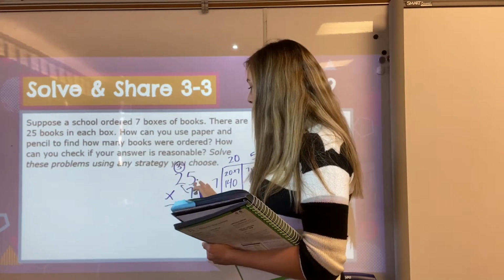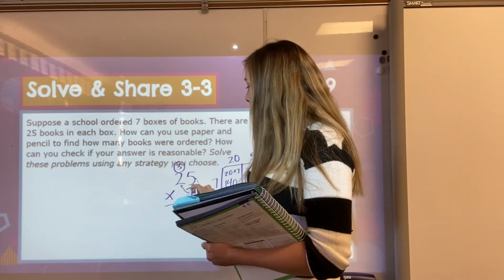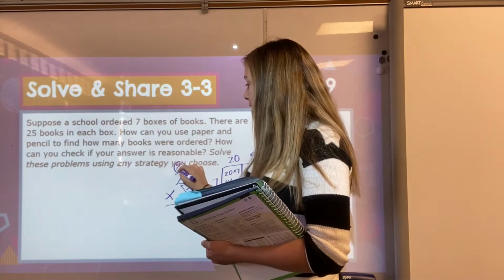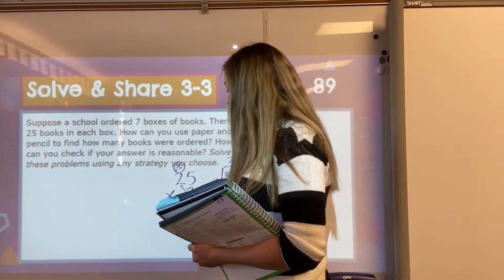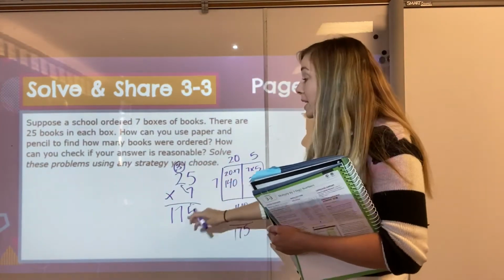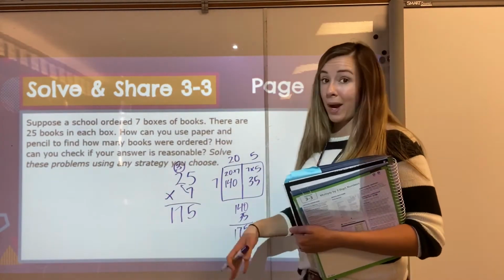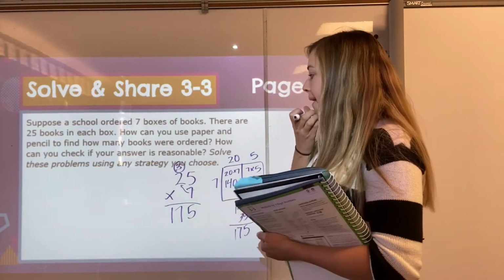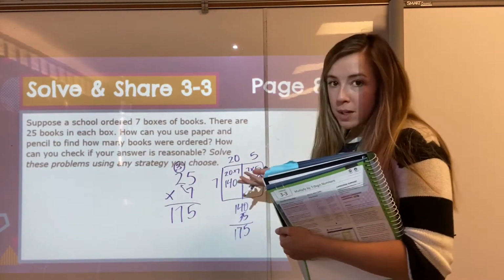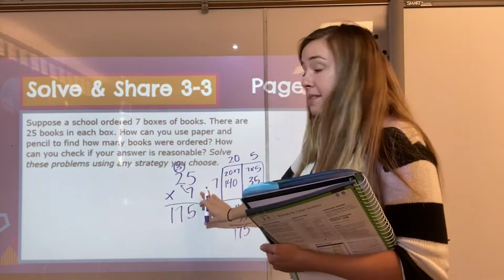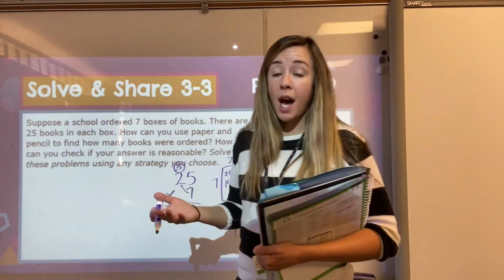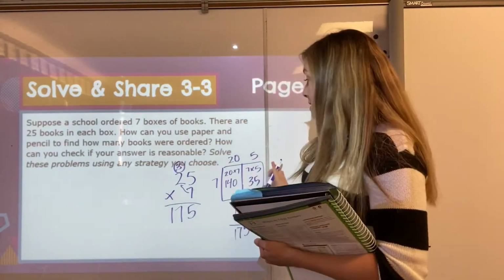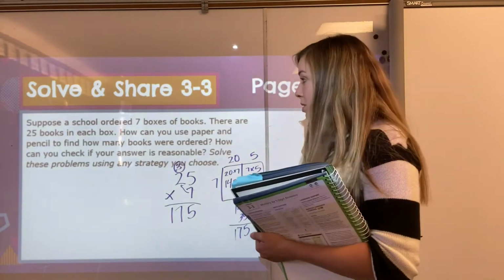Well, that's 14 plus my 3 more, 14, 15, 16, 17. So we get 175. We get 175 books either way, but whichever way works better for you is okay with me. I think the standard way goes a little bit quicker, especially as we get into bigger numbers, but if this is the way that you want to break it down, that's okay too.